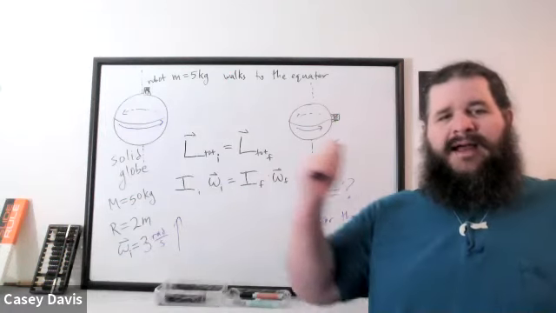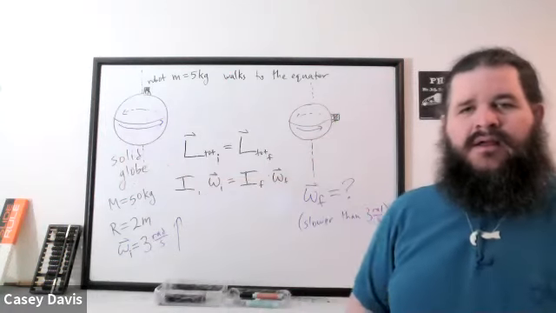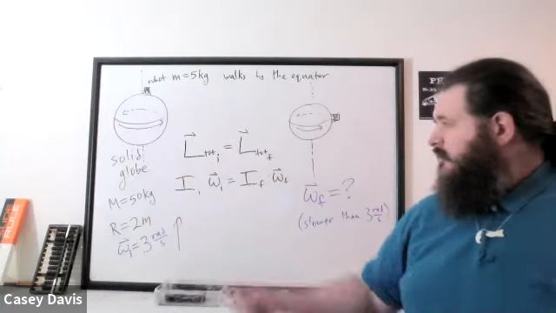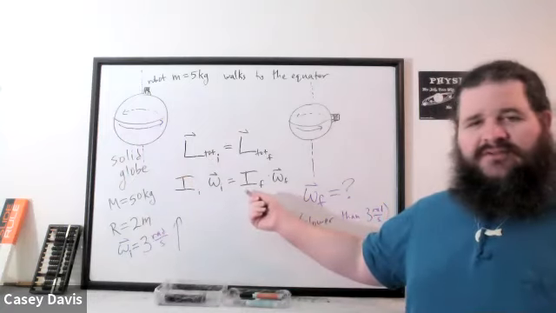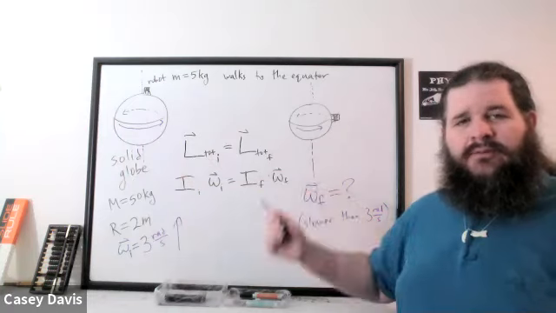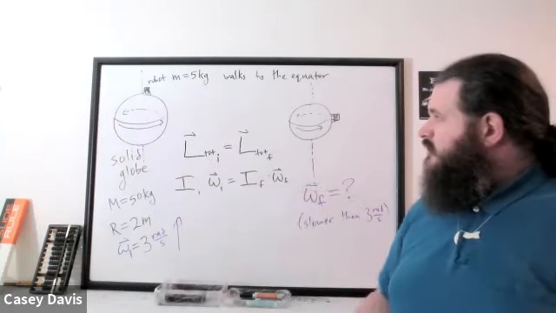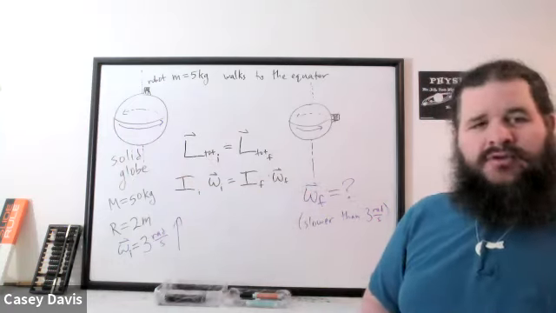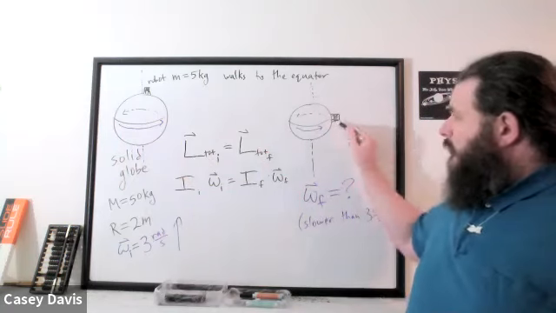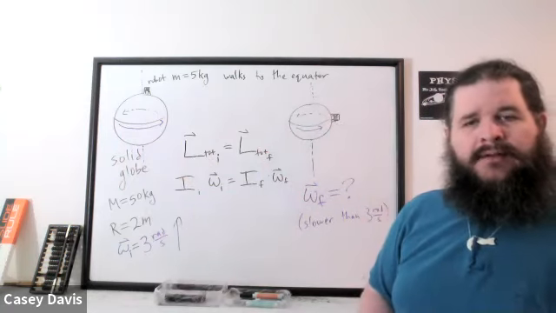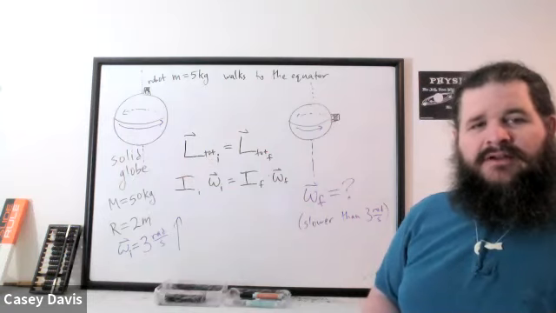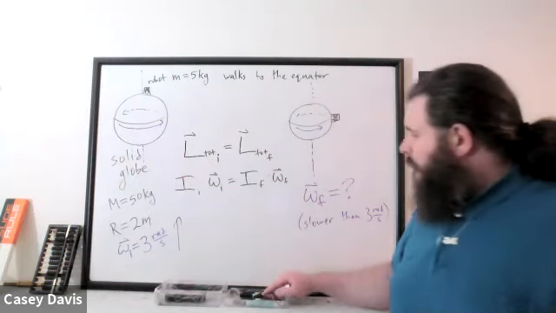You're moving some of your mass out to a further radius. Larger radius means larger moment of inertia, which, if everything else is conserved, means slower rotation. So we should expect the globe to slow down its rotation as the robot moves from the North Pole to the equator. And we can use conservation of angular momentum to figure out exactly how much slower.